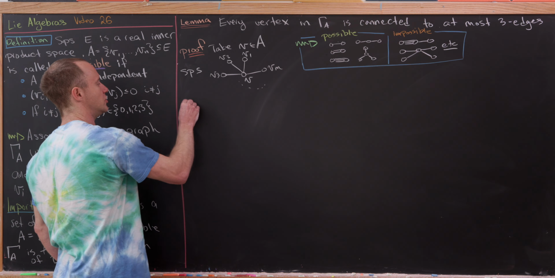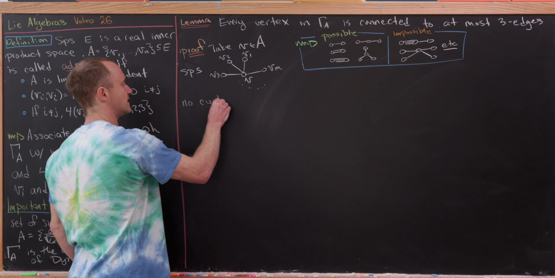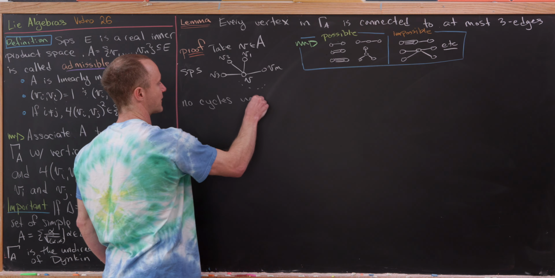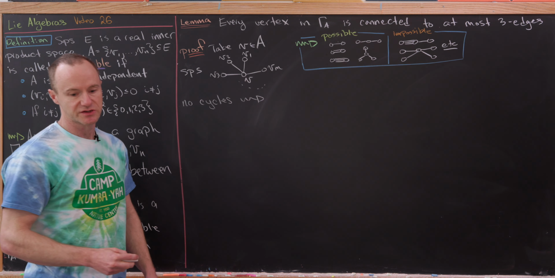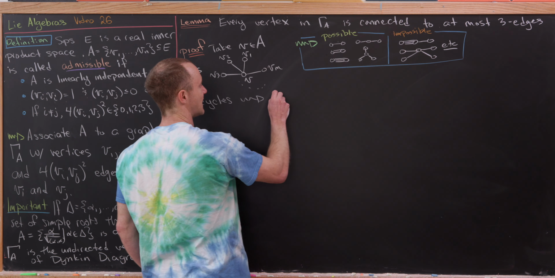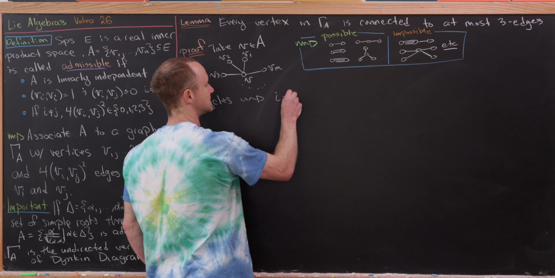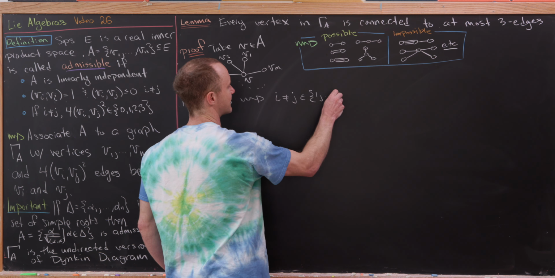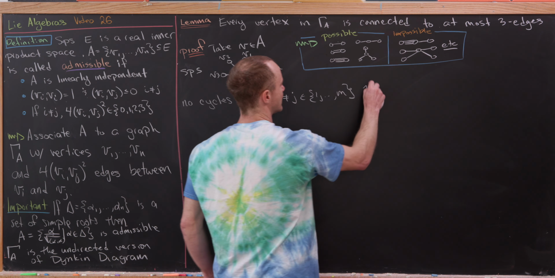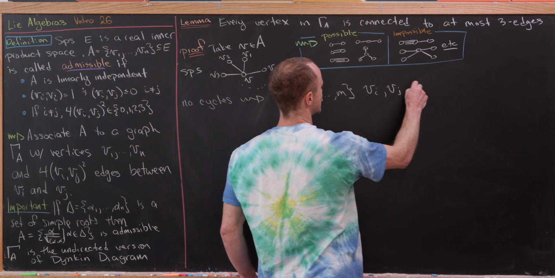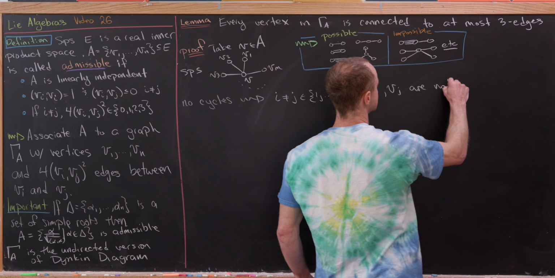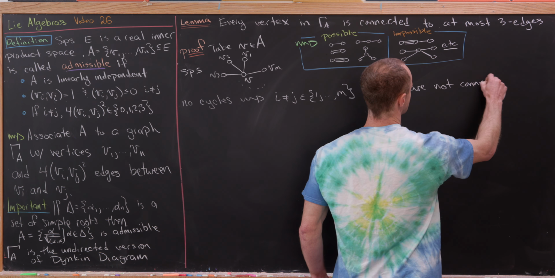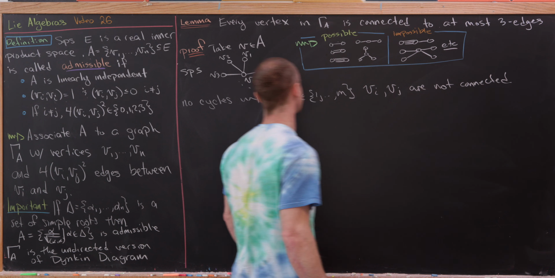So there are no cycles in this graph. We know that from our previous result. So that implies that as long as i is not equal to j, and these are inside of the set from 1 to m, we know that Vi and Vj are not connected. Because that would make a 3 cycle, right?